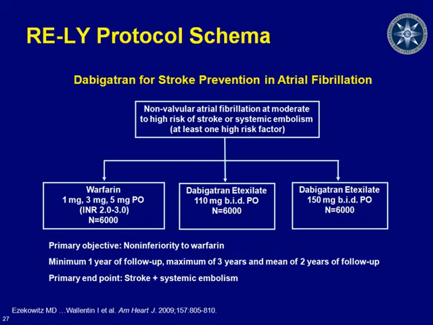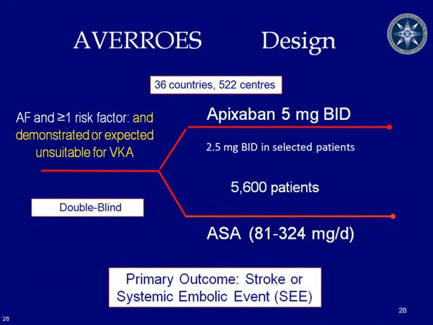As with all these phase 3 trials, stroke was the major endpoint, systemic embolization, and the major safety endpoint was major bleeding. The trial that has been published in the New England Journal with respect to Apixaban was a direct double-blind comparison with aspirin. 5 milligrams BID of Apixaban was evaluated against aspirin.